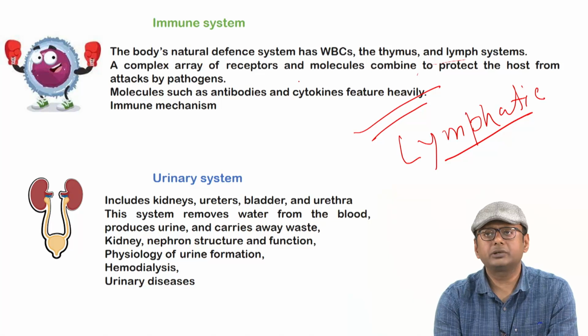A complex array of receptors and molecules combine to protect the host from attacks of pathogens, because our body is open to the environment. As you know, there are several types of bacteria and viruses always lingering around our body. So if our body did not have immune cells, it would break down very quickly. It would be affected by bacterial and viral attacks and other types of microbes also. So the immune system is a very important component.